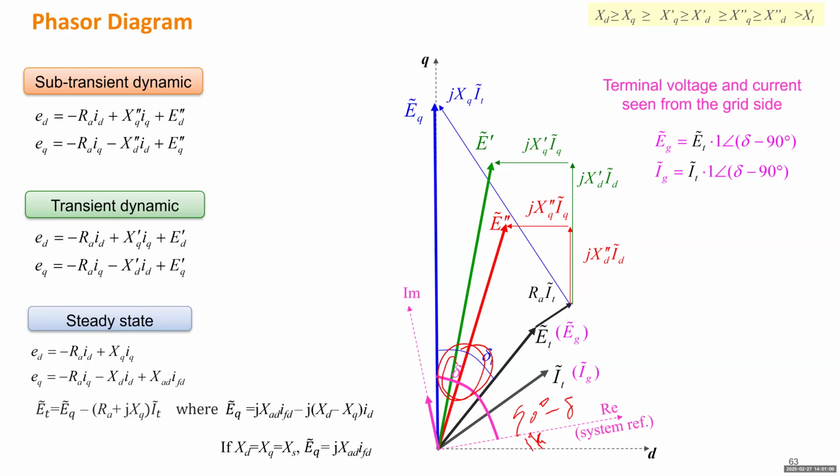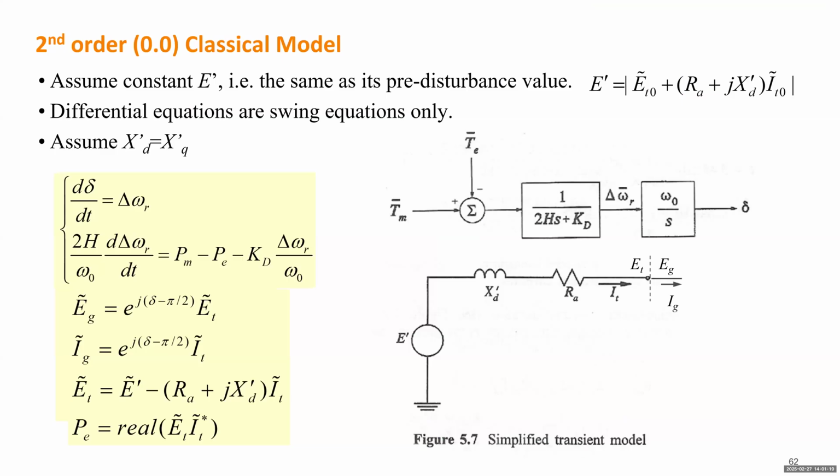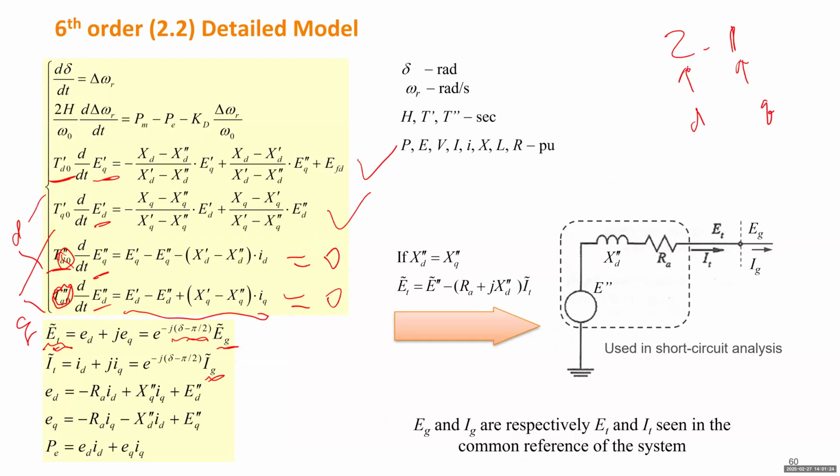So this transformation ensures you can still utilize the equations we derived here. When we use the model, or let's put the more complex model, we associate each quantity with either the Q axis or the D axis, but that D and Q is based on the reference of the terminal voltage.